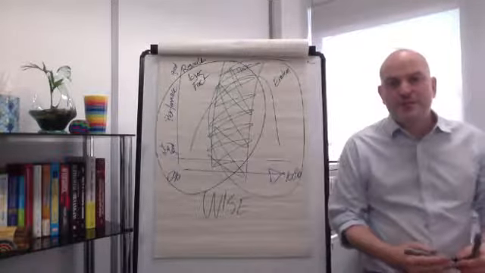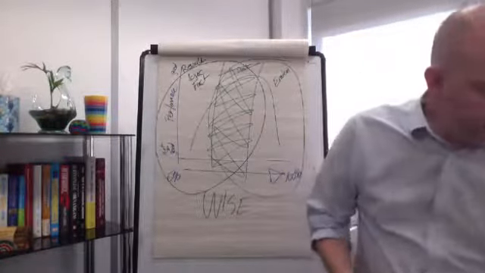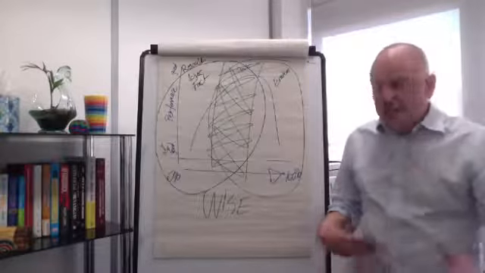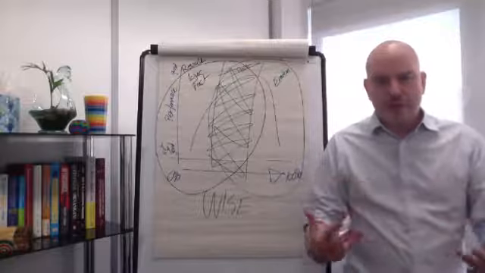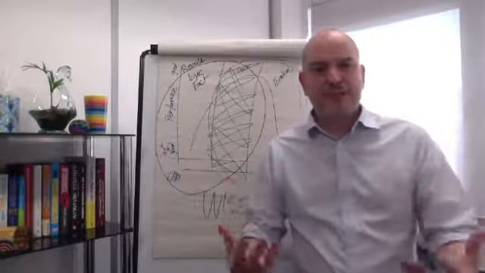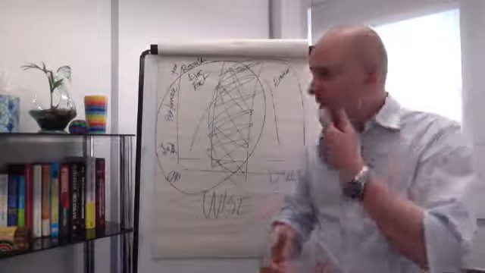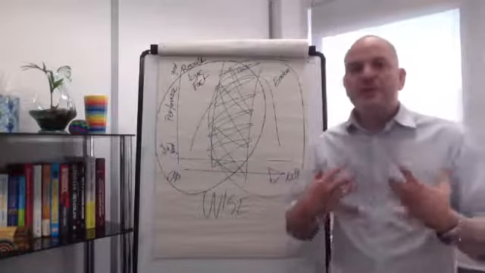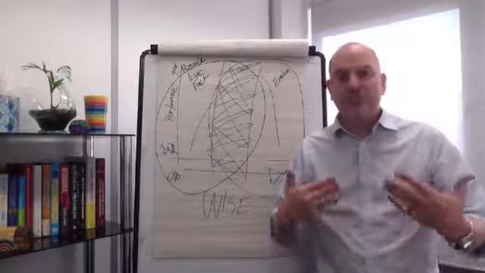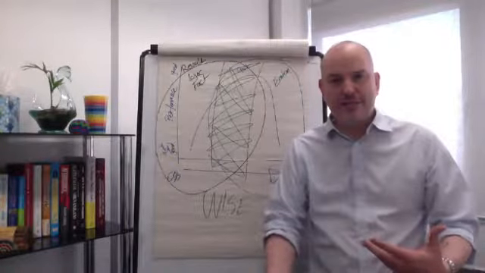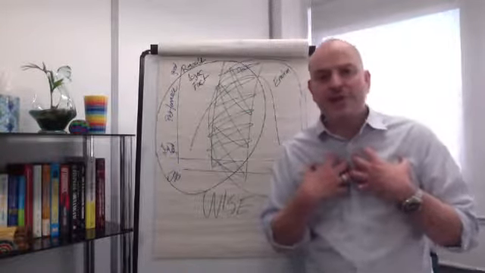Now, one of the reasons why this is important is if you can understand this and you can understand how our bodies work and how our biology has been designed through evolution, we know that our emotions are designed to create action. They're designed to help us fight, flight, freeze, or appease. They're designed to help us survive.